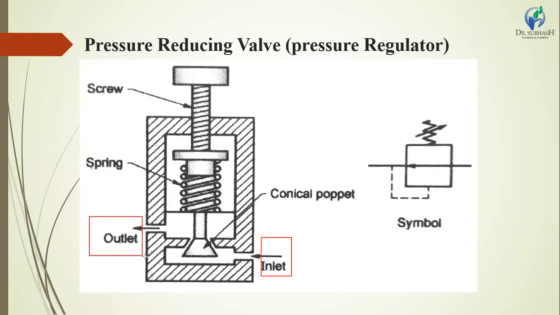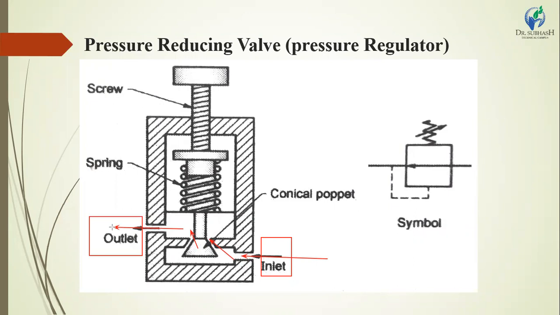First we have to study the pressure relief valve. In a pressure relief valve, the valve is always in a closed condition, and the pressure reducing valve is always in an on condition, where the oil comes from the hydraulic pump to here and passes through the conical poppet, and from the conical poppet the oil passes to the outlet, and from the outlet to a tank or another auxiliary system.